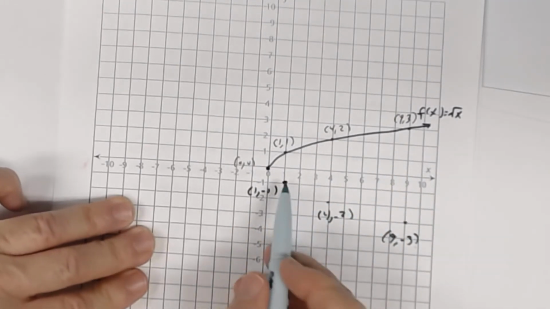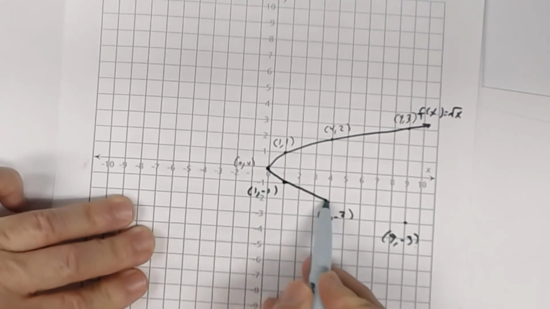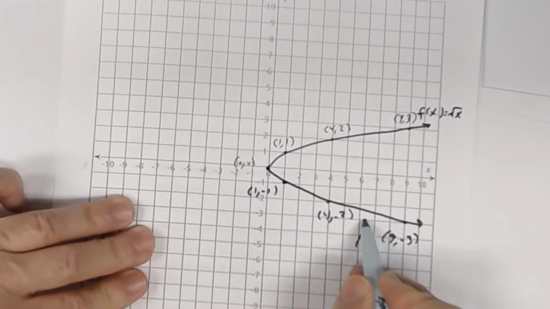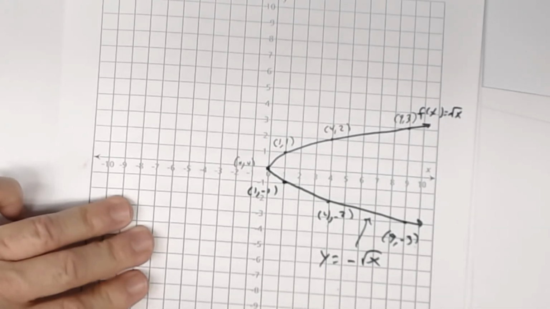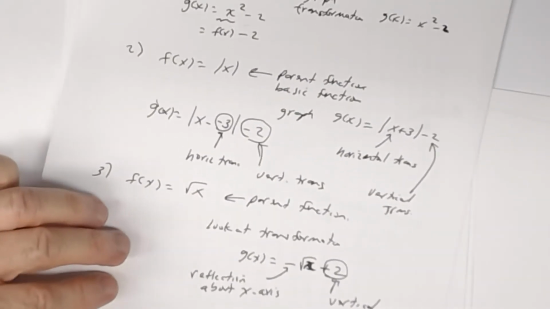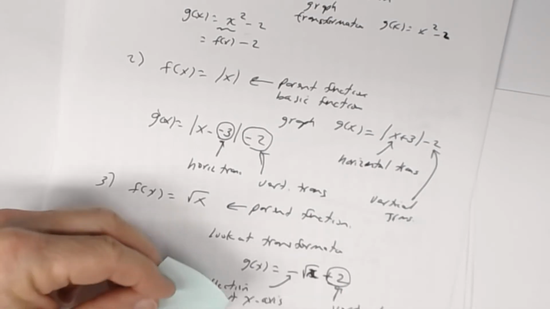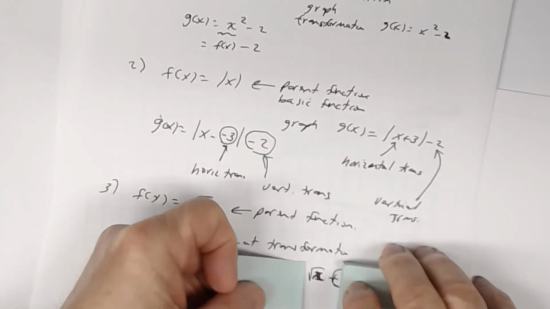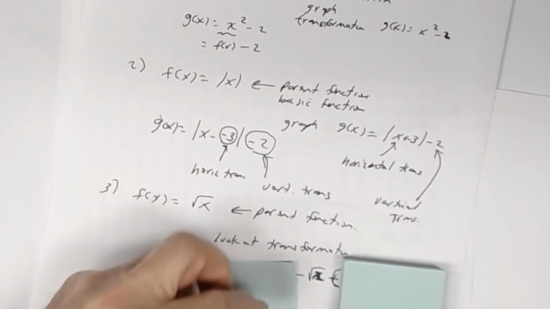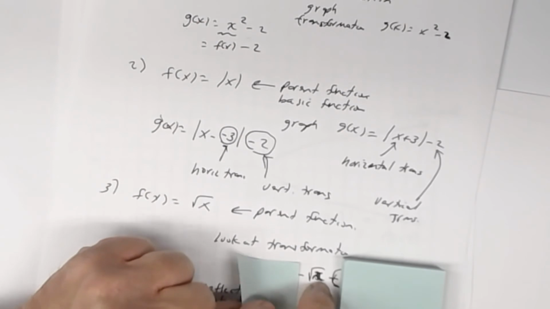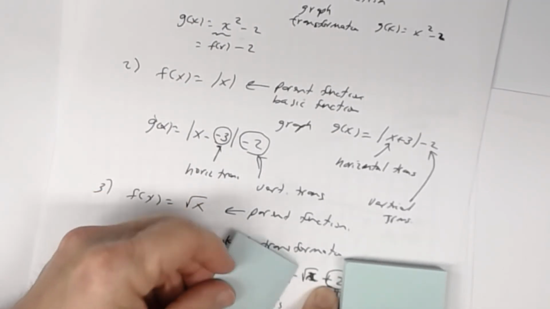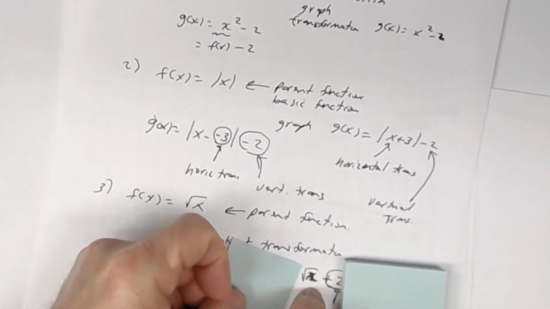It's on the x-axis. And so this right here is y equals negative square root of x. It makes sense because, if I cover some stuff up, this right here is f of x, which is the same thing as y.